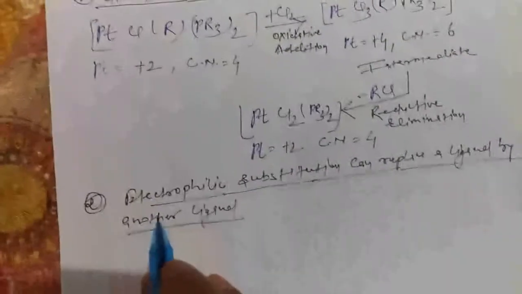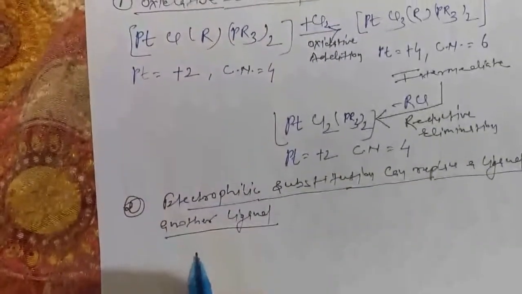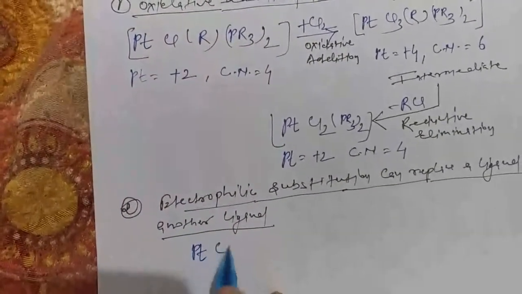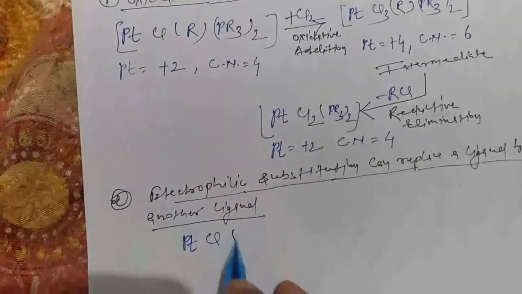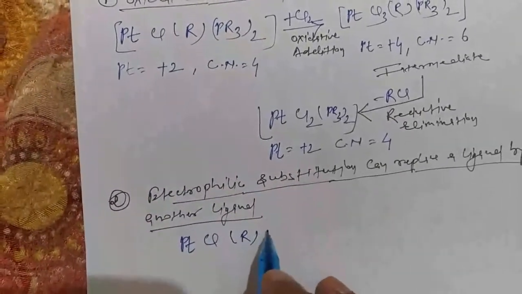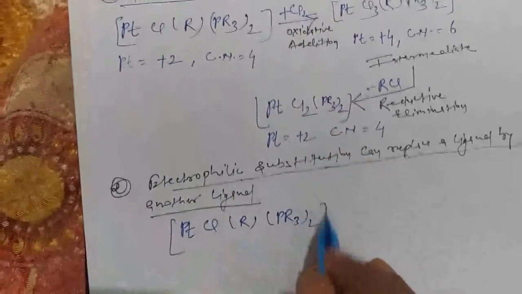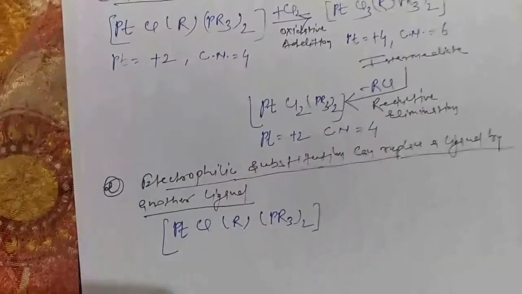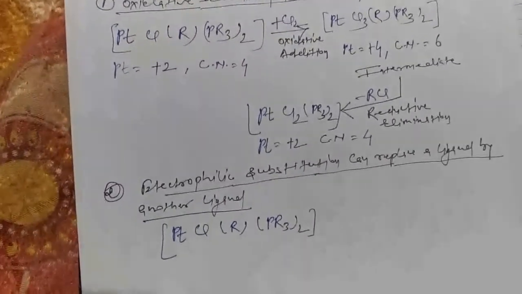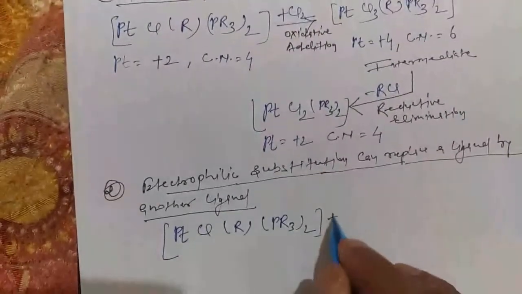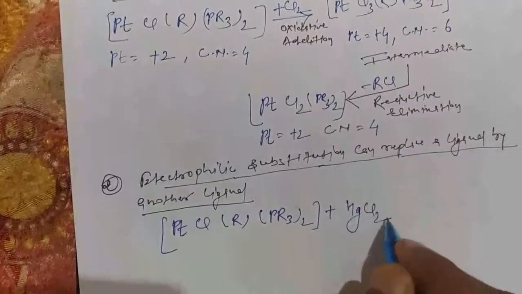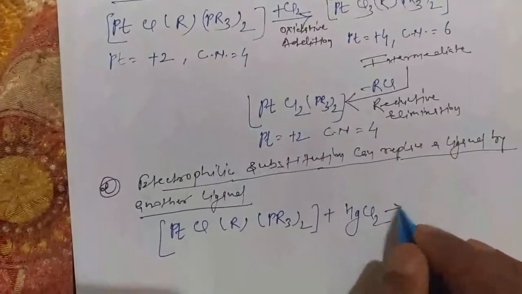So let's take another example of platinum complex, PtCl, then R, and again PR3, the same complex I am taking. So here platinum is in plus 2 oxidation state. Now electrophilic substitution. So here we require an electrophile. We'll take HgCl2 here. So what will happen here?